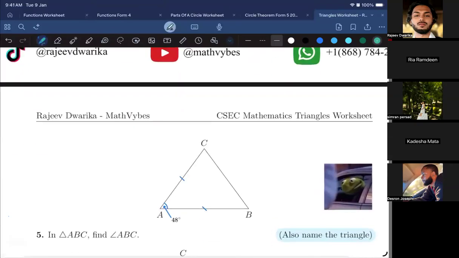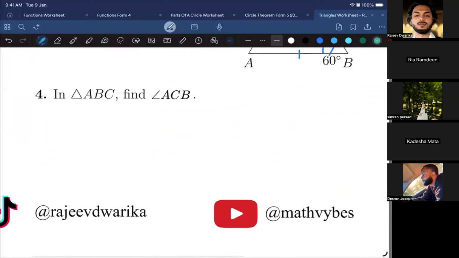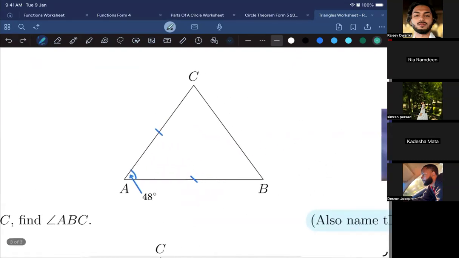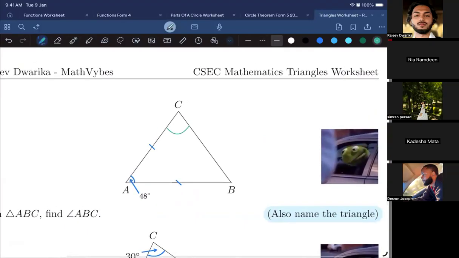So, Simran, while you're at it, they want us to figure out what angle? What's the letter in the middle? So they want us to find angle C. So that's this angle, right? Yeah. All right.